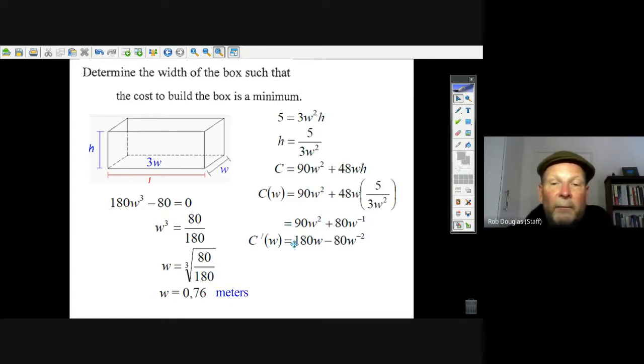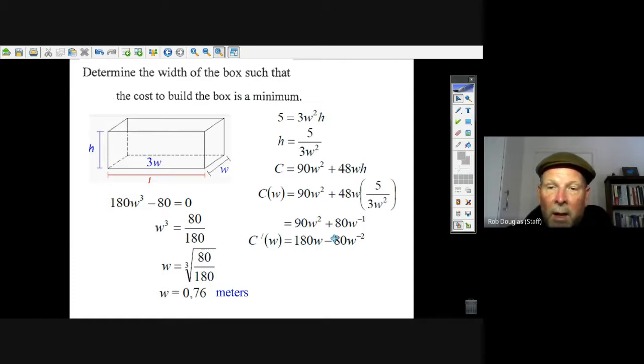Now, if we want to find the W that's going to give us the minimum, we find the derivative and we let it equal 0. That'll give us a local minimum or maximum. They said, what's going to make it minimum? So we take this derivative. 2 times 90 is 180W.